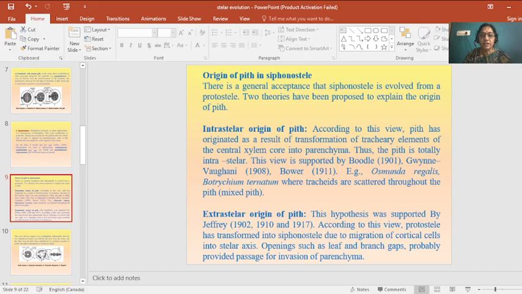In extrastelar origin of the pith, which was supported by Jeffrey in 1902, 1910, and 1970, according to this, protostele has transformed into siphonostele due to the migration of the cortical cells into the stellar axis. Openings such as leaf and branch gaps possibly provided passage for invasion of parenchyma.